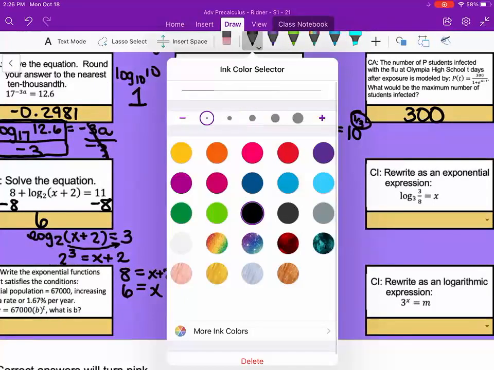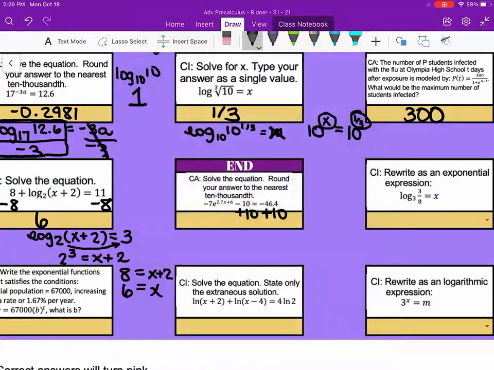Let me make this thinner. Then I'm going to divide by -7.